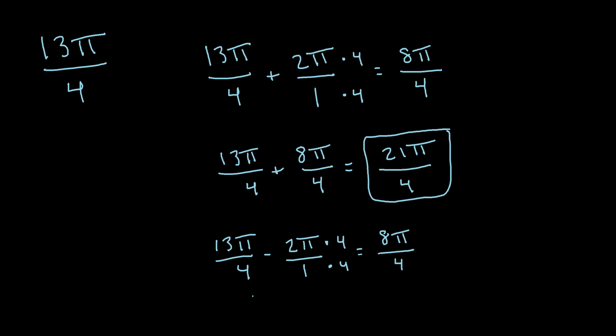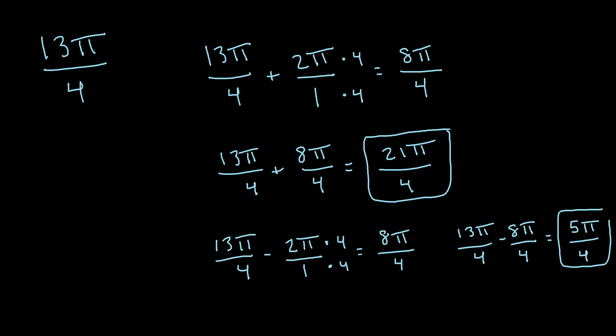So really we can do 13 pi over 4 minus 8 pi over 4. Since the denominators are equal, we just subtract straight across. 13 minus 8, that's 5. So 5 pi over 4. So this is another coterminal angle with 13 pi over 4.